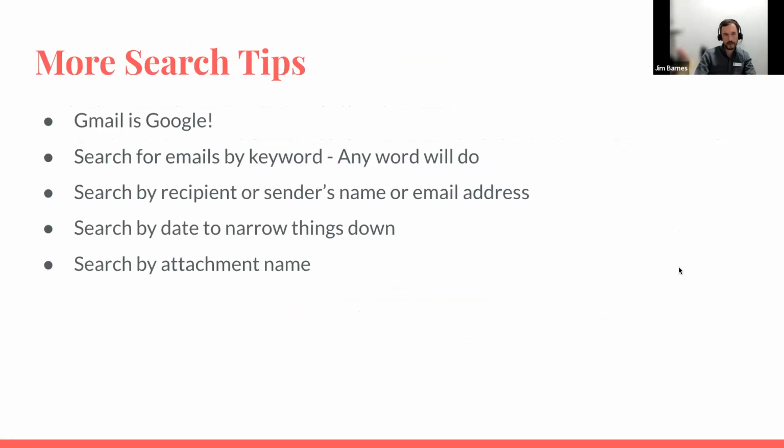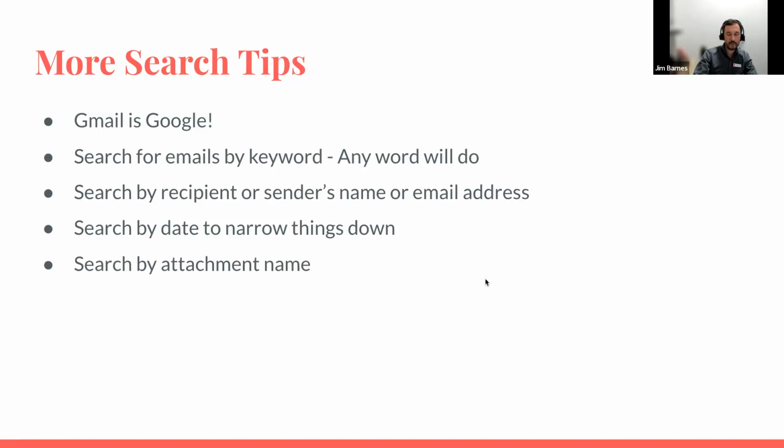And another thing that I see quite a bit here at the library is just remembering that you can search your email, because it's a really powerful tool, because it's Google, and Google is known for their searching. So if you can't find something, you can usually find it just by searching. And if it doesn't work the first time, if you're typing in the wrong word, you can try different words.